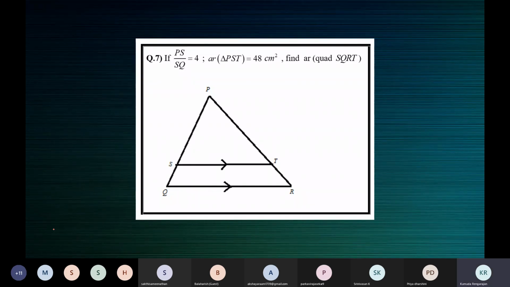The area of the big triangle PQR minus the area of the small triangle PST is equal to the area of the quadrilateral SQRT. So area can be found using the area theorem. And to use the area theorem, you'll have to prove that the triangles are similar. PS by SQ is 4, meaning 4 by 1.